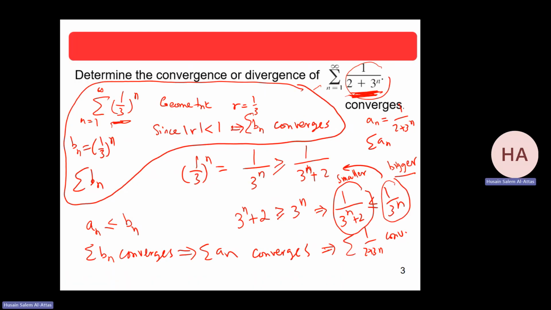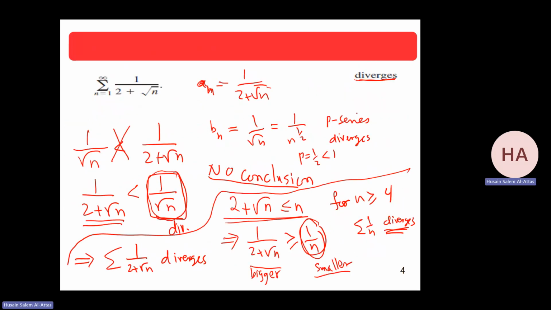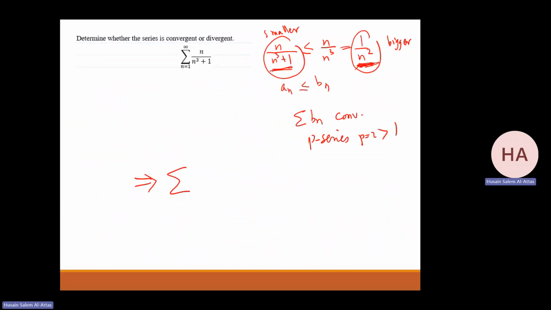The bigger one, this is bn, converges, then for sure the smaller one will converge. That means the summation, my an, will converge. I wish it's clear.